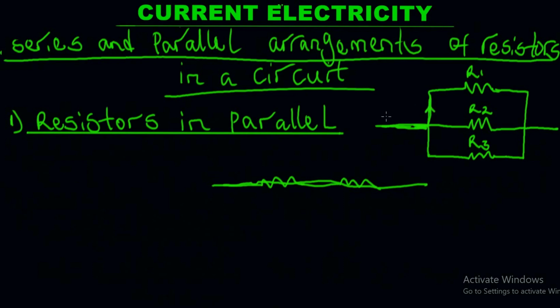So if this was the total current IT, here it will now branch. We'll now be having I1, here we'll be having I2, and here we're having another current I3. So here the total current will now be the sum of each of these individual currents going through those resistors. But don't worry, we have not gotten there yet. When we start solving questions, you get what I'm saying.